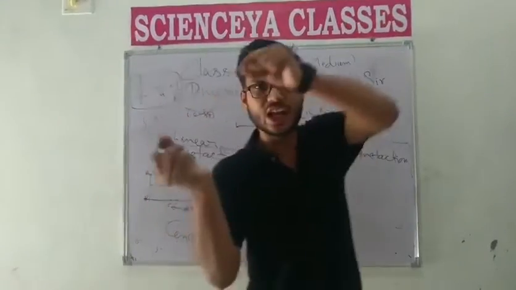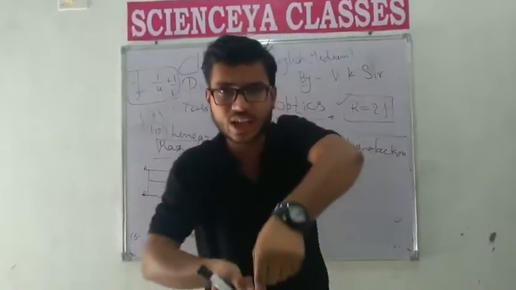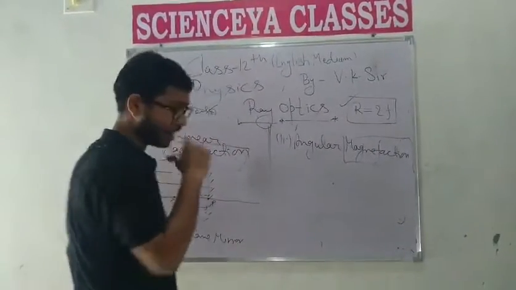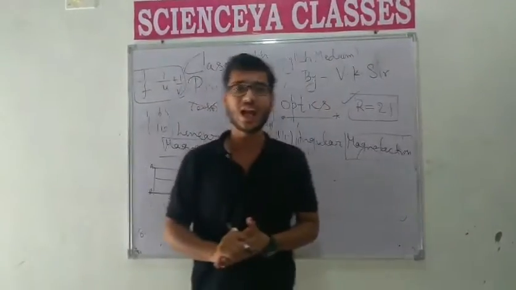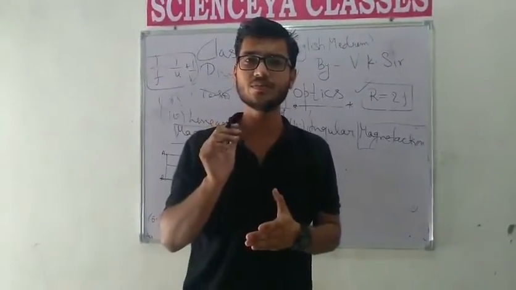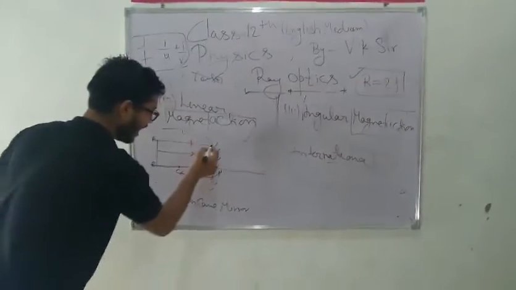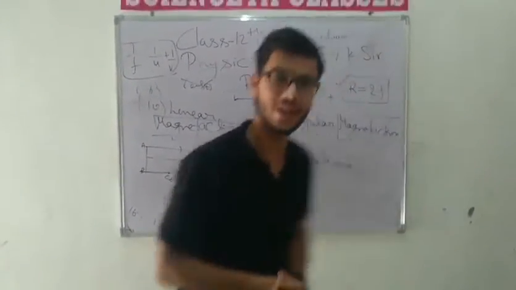The rays of light from it are incident on the surface of the concave mirror, and after reflecting they form an image. In the case of a concave mirror, always remember the image formed is real. So after reflecting from the surface, both rays form an image.